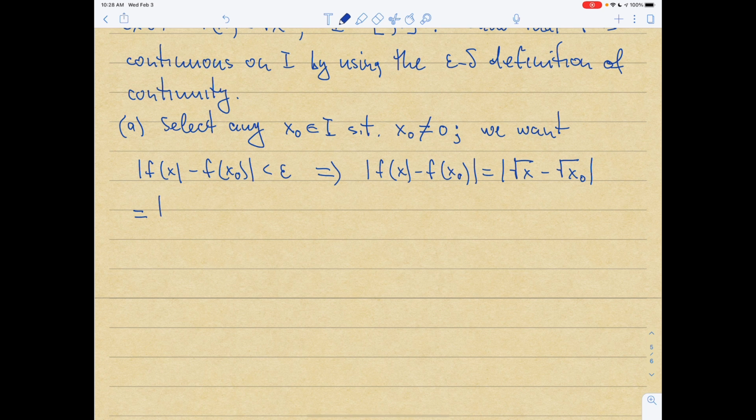So let's do this. Square root of x plus square root of x0, and we divide by the same quantity.